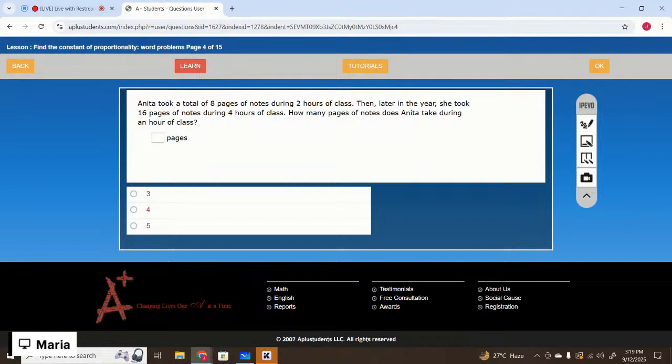How many pages of notes does Anita take during an hour of class? That is 4. Option number 2 is the correct option.